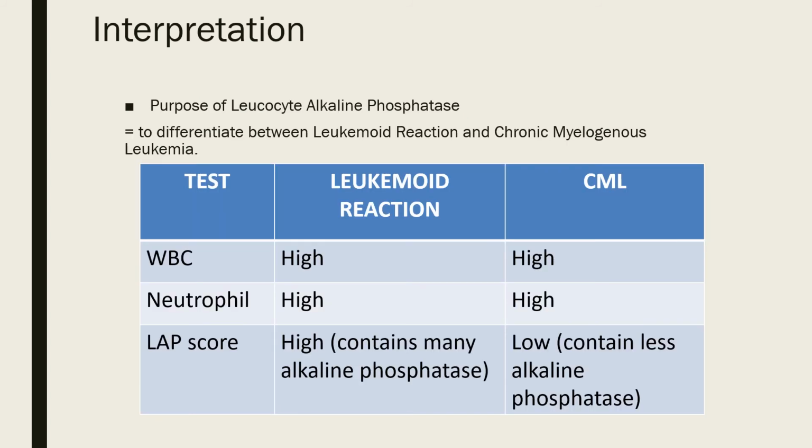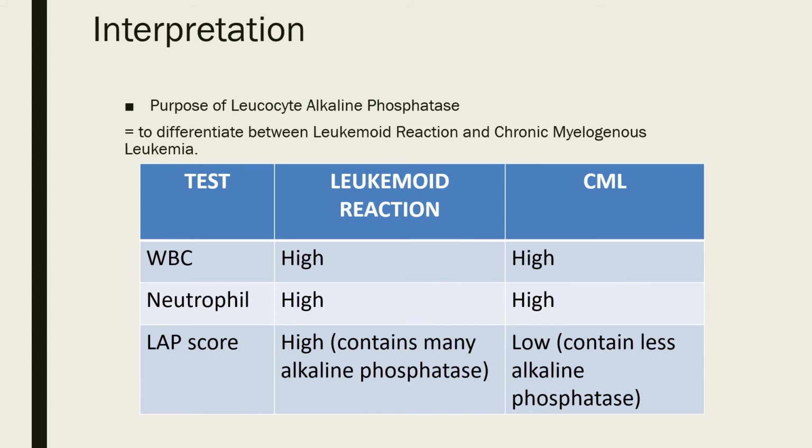Alright, so we will now see about leukocyte reaction and CML. We come back to the purpose of the leukocyte alkaline phosphatase test. It is actually to differentiate between leukocyte reaction and chronic myelogenous leukemia.